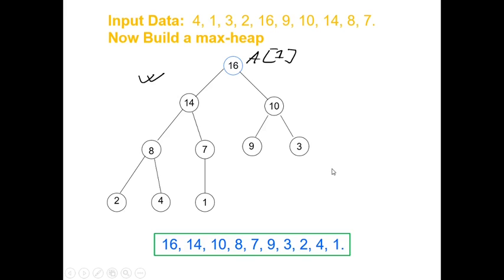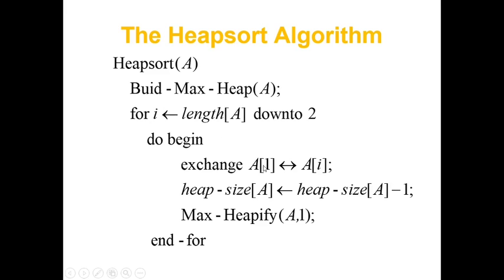So first A[1]. So what will be the initial start value of i? In this case it is 10, because it's the length of the array, and it will go down to 2. That means it is again a decremental loop.